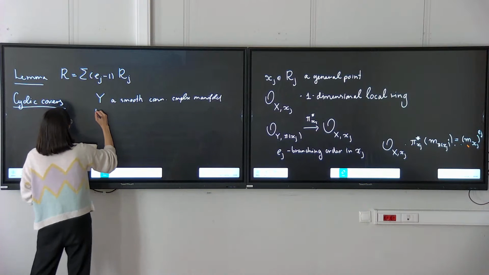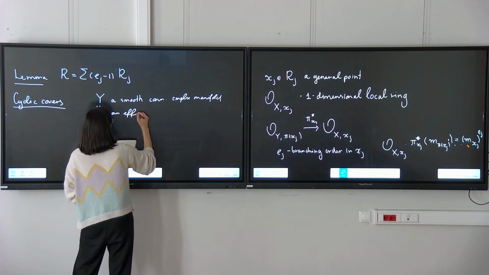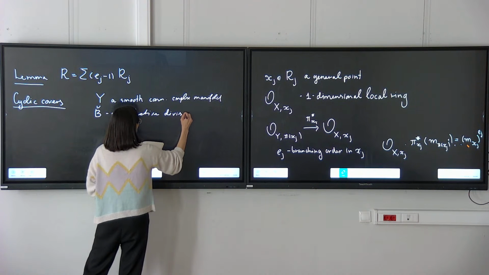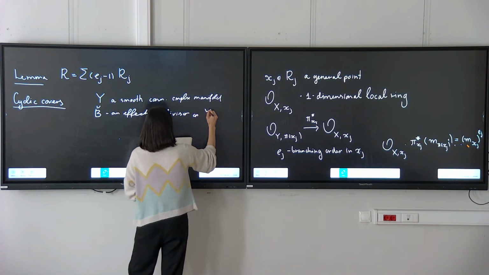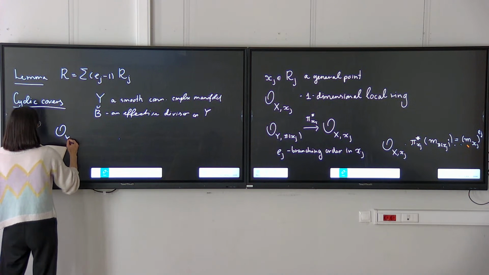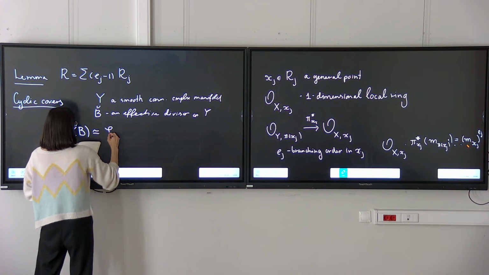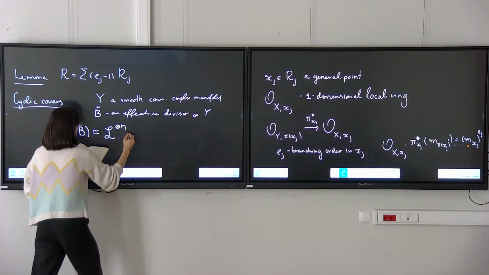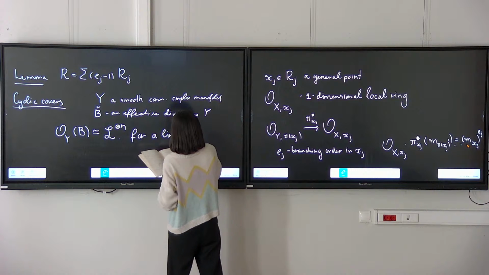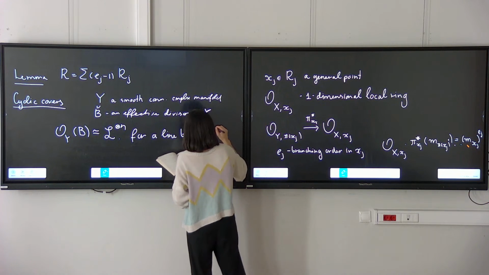We have an effective divisor on it, and the corresponding line bundle was a tensor power of some line bundle L on it.